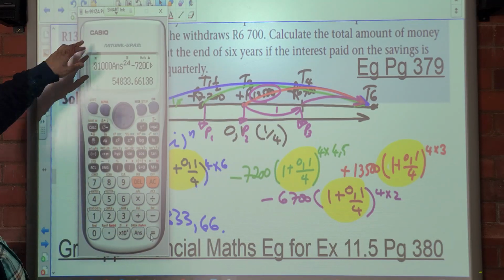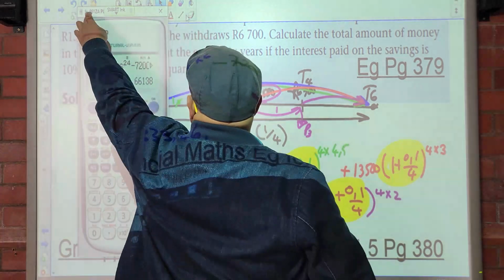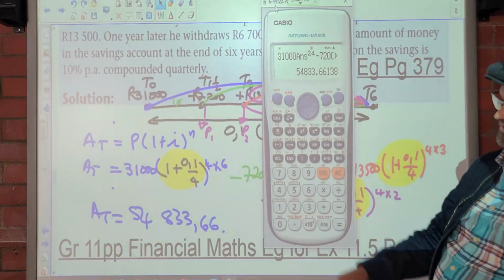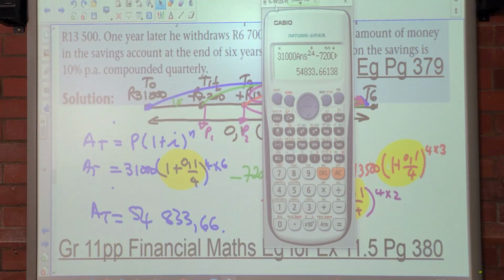It gives me again an answer of 54,833 rand and 66 cents. Same answer. You guys understand?